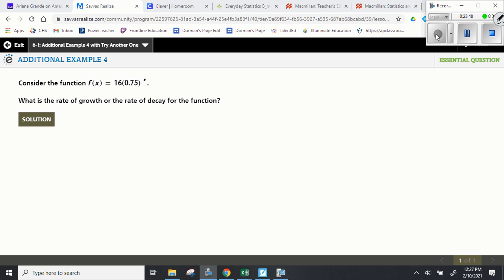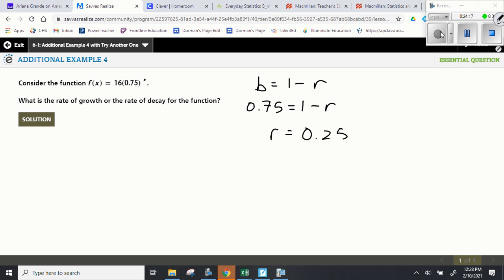This one will be decay. And so our rate will be, we'll have b. Remember, b is going to be equal to 1 minus r. So 0.75 equals 1 minus r. If we do the math, we find that r is going to be 0.25. And that was it, just another way of looking for that.